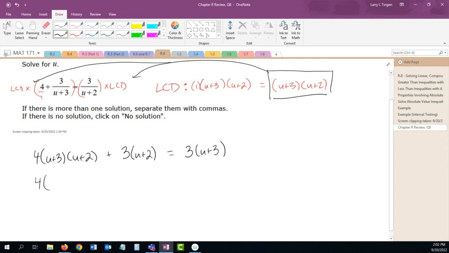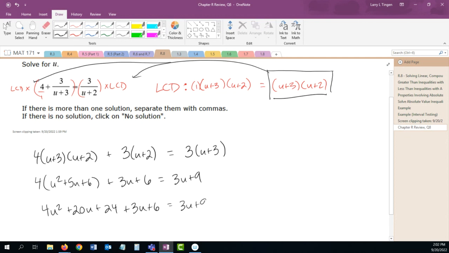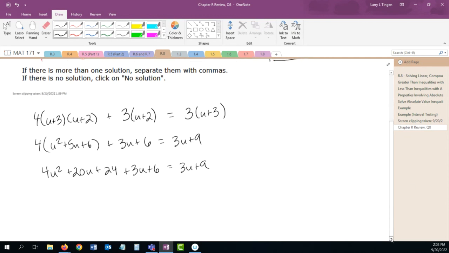All right, so multiply. That's 4 times u squared plus 5u plus 6 plus 3u plus 6 is equal to 3u plus 9. This is going to be a quadratic. Distribute that: 4u squared plus 20u plus 24 plus 3u plus 6 is equal to 3u plus 9. Combine like terms. On the left-hand side, there are like terms. 4u squared, 20u plus 3u is 23u. 24 plus 6 is 30.